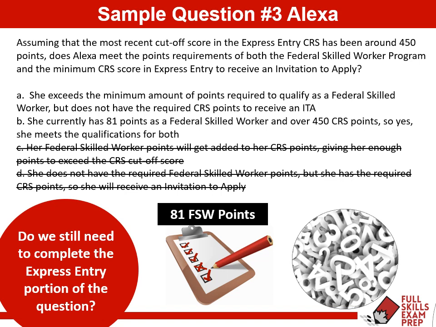So we did it already just because we're learning. But if this were the exam and you were doing this quickly and you came up just quickly with the 81 FSW points, and you had an idea of maybe 300 or somewhere like that, or under 450 anyways for CRS points, without being too precise, right?